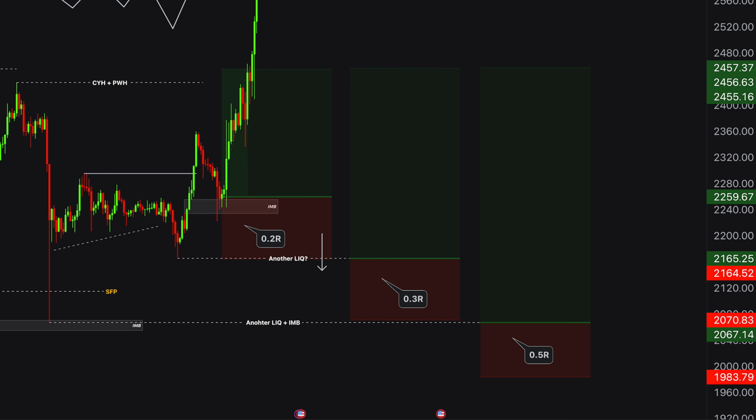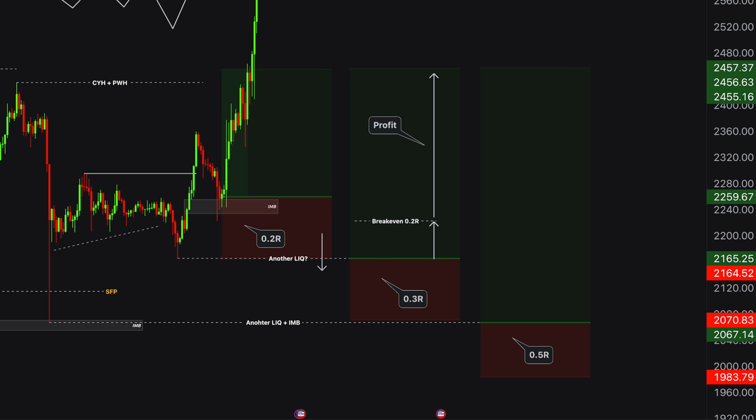I lost 0.2 R on my account, and my second order is triggered. If the price only moves this much, I already covered that 0.2 R loss from the first trade. The rest of the movement is pure profit on my side.